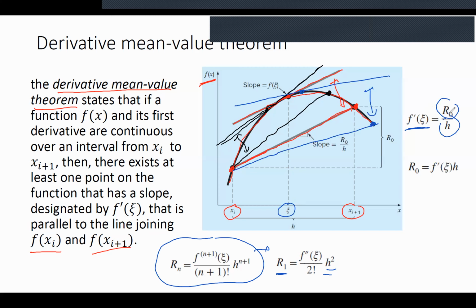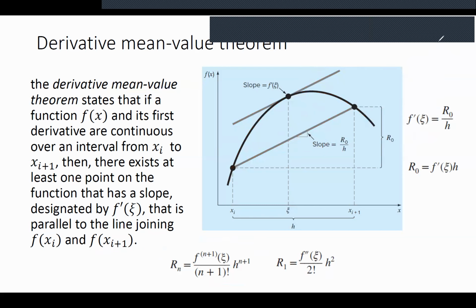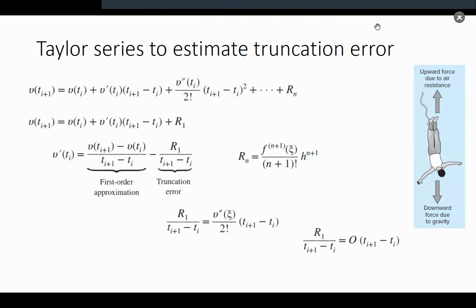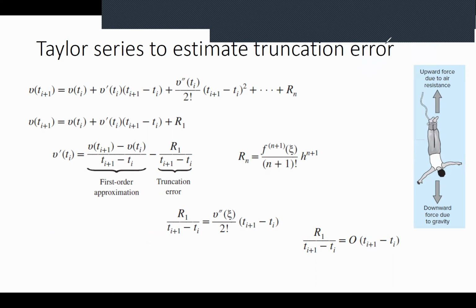Okay, so this is applicable to any point on this curve, and there is just at least one point where the slope is parallel to the line that we have drawn. So we can use the next Taylor series term to estimate truncation error.